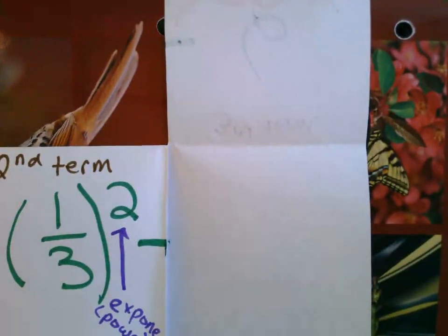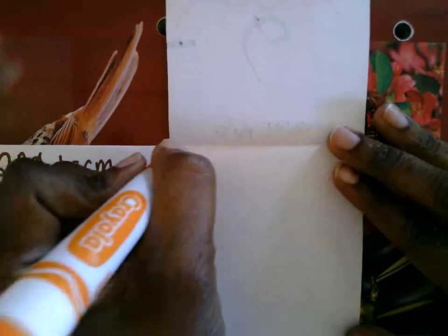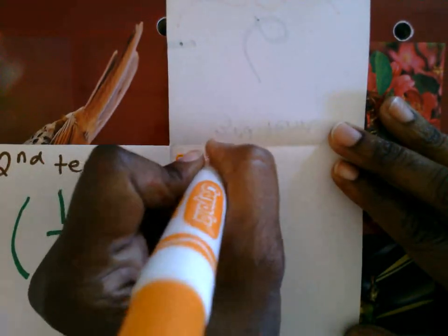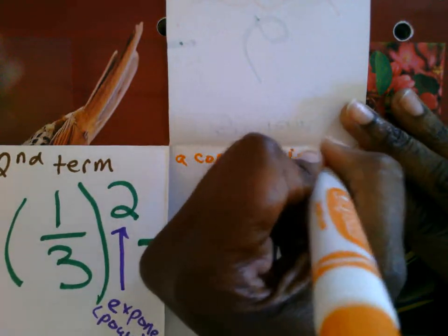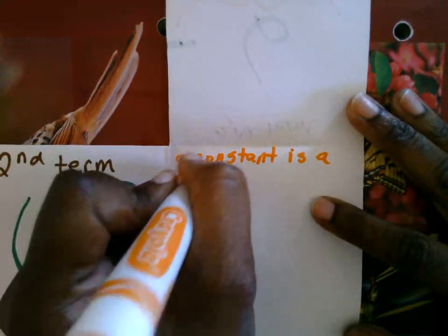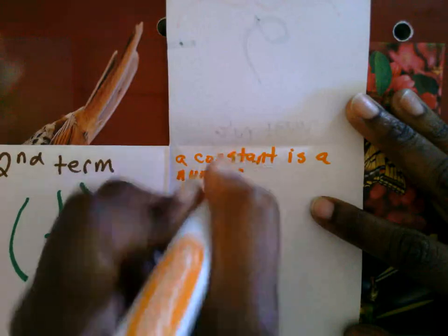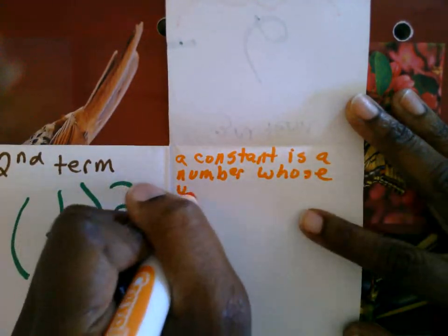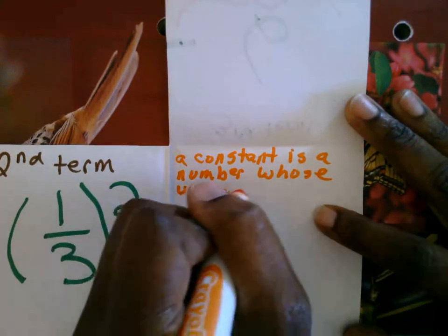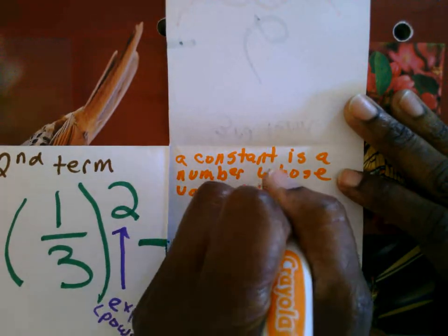So the constant, -6. A constant is a number whose value will never change.